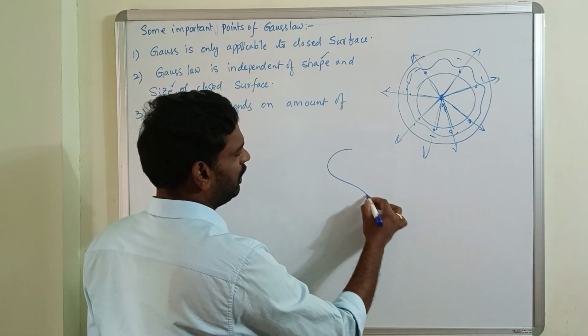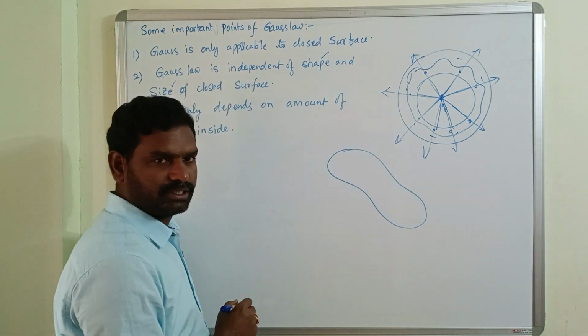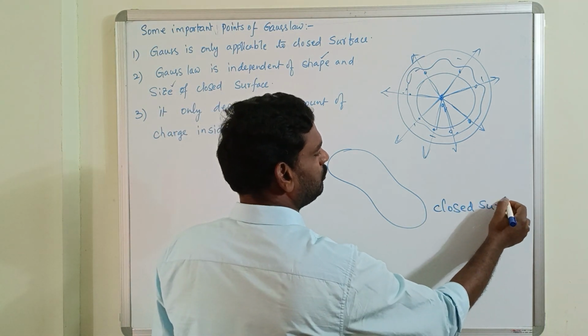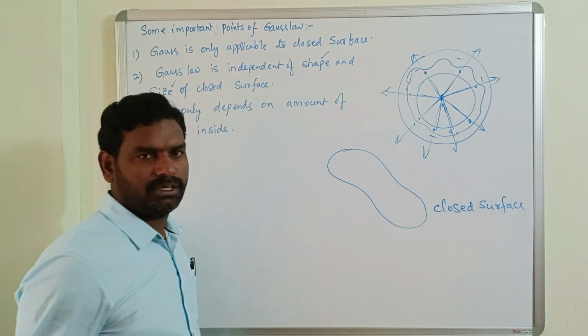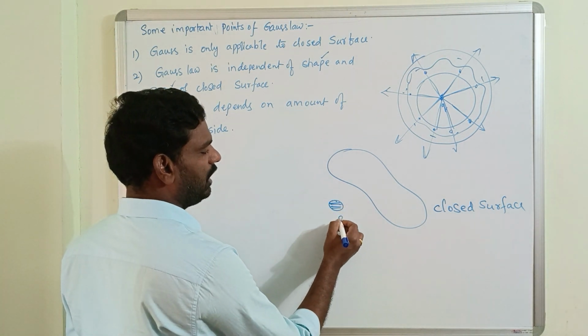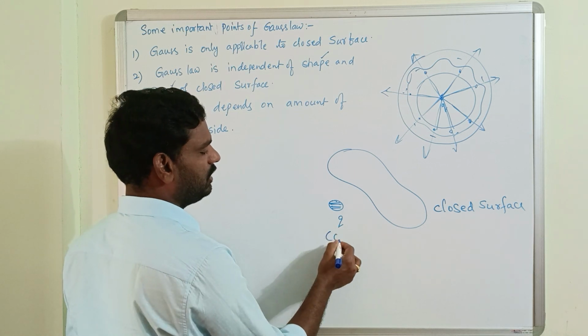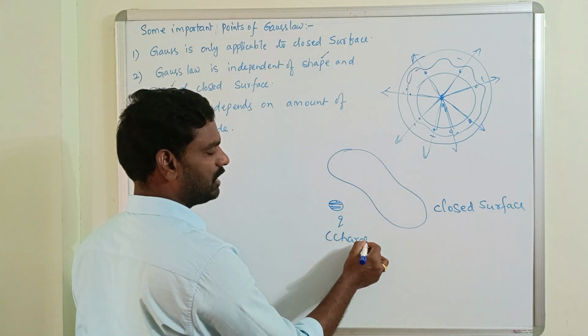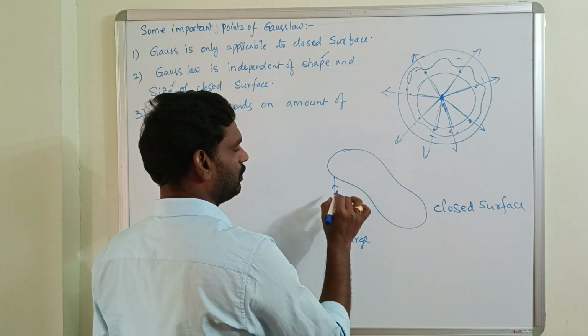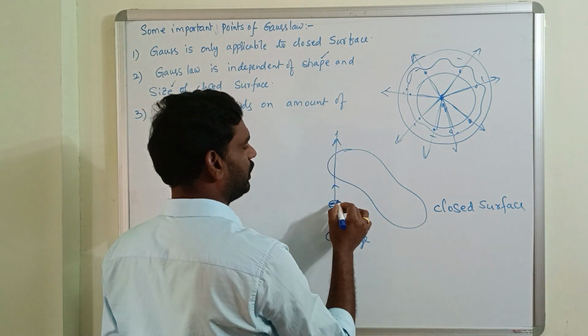See here why. Let us consider this is the closed surface. If I take a charge outside the closed surface, I'm taking a charge here. The charge is outside the closed surface, not inside. Let us consider it contributes some field lines.